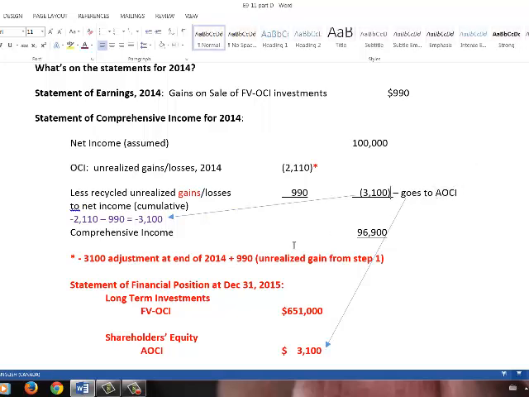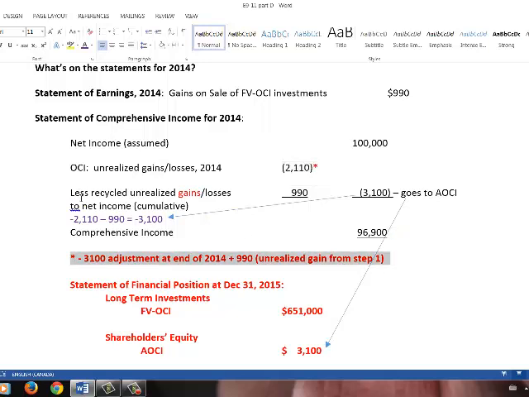So now, if I go in to calculate my comprehensive income, I've got what I assume to be net income at the beginning, plus my OCI, which was what I booked just during the year, transactions that happened during the year, which is negative 2110, which I explained to you down here.